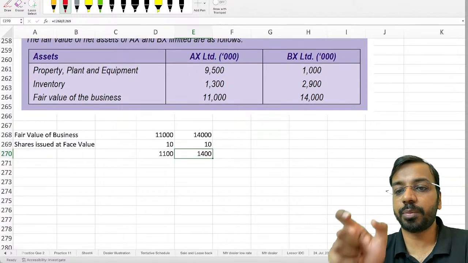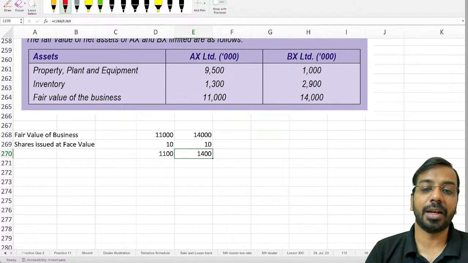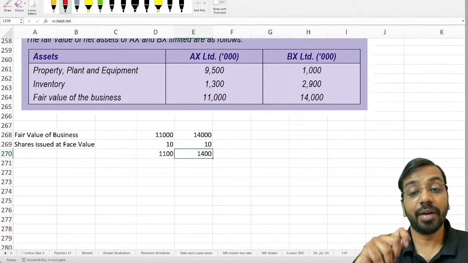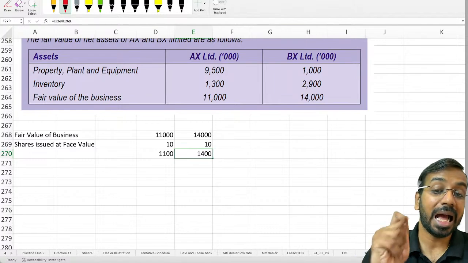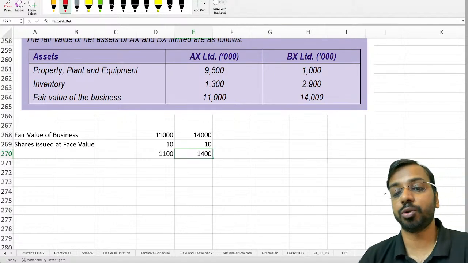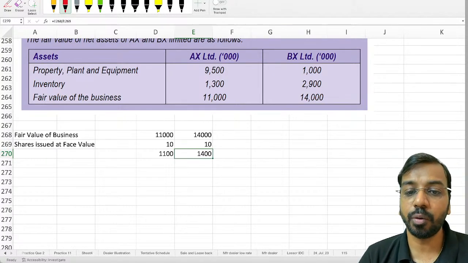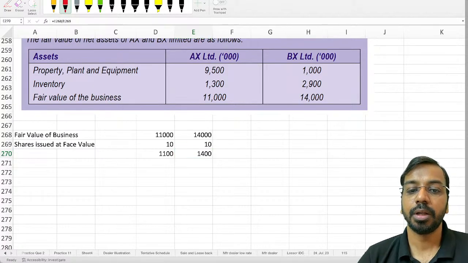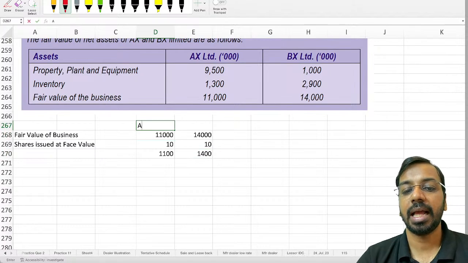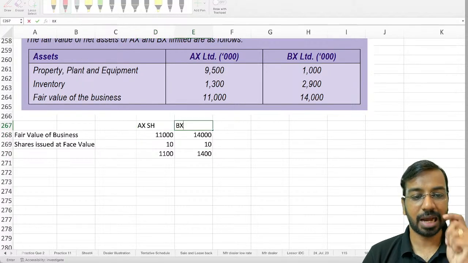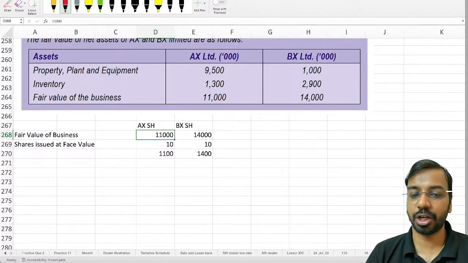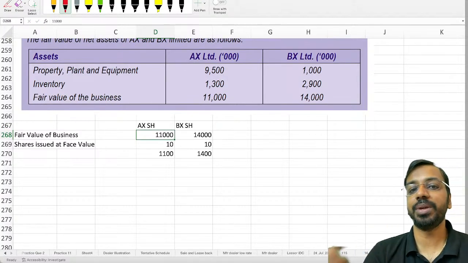The total value of business of BX is 14,000 in fair value. So whenever I am issuing the shares, I'll consider the fair value and issue the shares. So 1,100 and 1,400 will be issued to AX shareholders and BX shareholders.